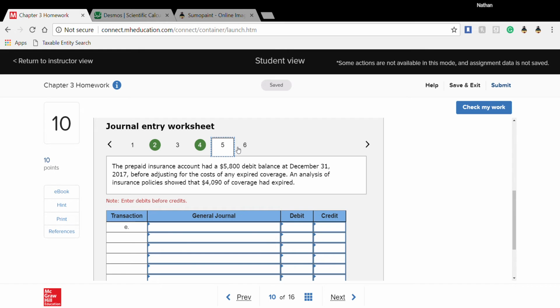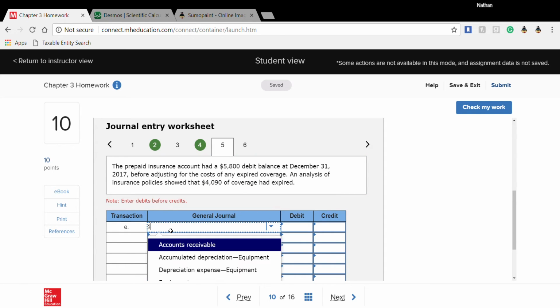The prepaid insurance account had a $5,800 debit balance at December 31st, before adjusting for the cost of any expired coverage. An analysis of insurance policies shows that $4,090 of coverage had expired. Notice the keywords there. This one says it had expired. So this basically gives us our number right here.